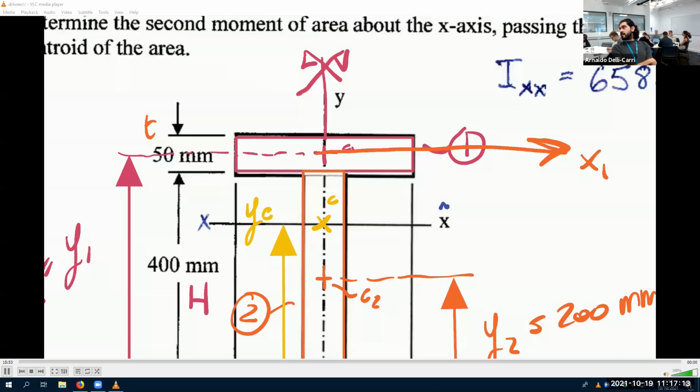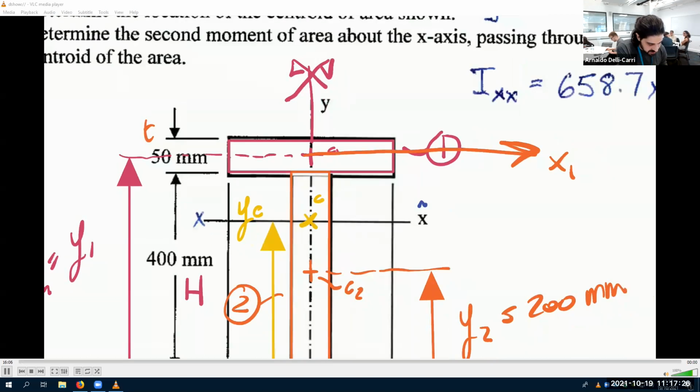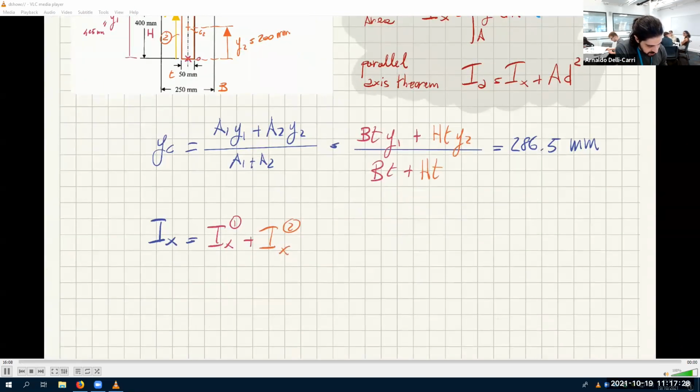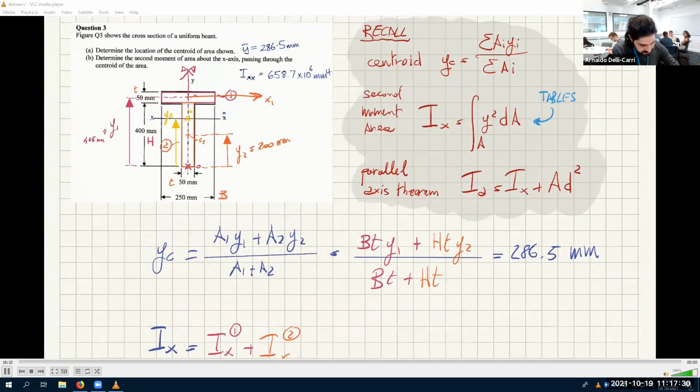And for circular cross sections, you have pi d to the power of 4 divided by 64. That's how it was. Remember these? You find these ones in a table.